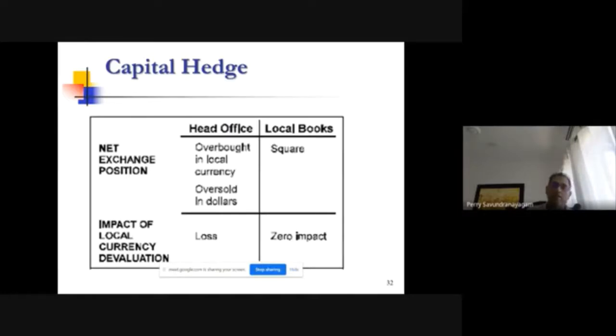Now, if there is a revaluation or devaluation of the rupee, the impact to the head office is they have a loss. For the local guys, it's zero impact because they've got it in the currency that they are in. So for them, there is no real currency impact from the rupees they have. Agreed or not?